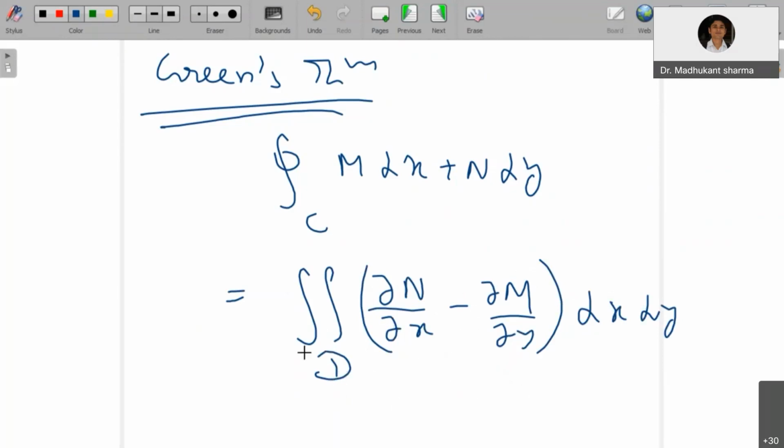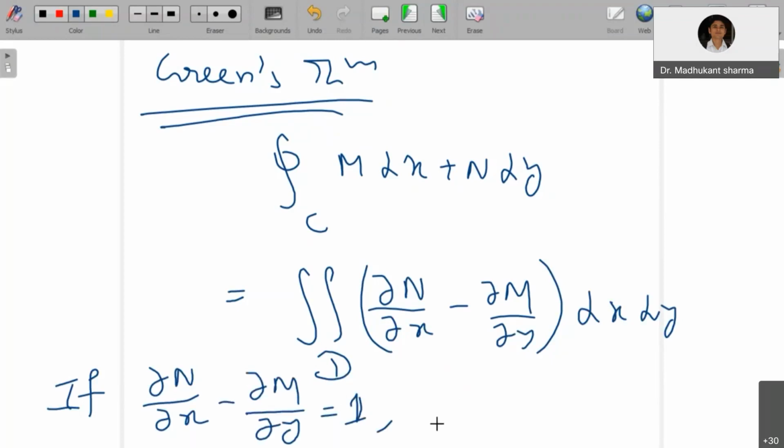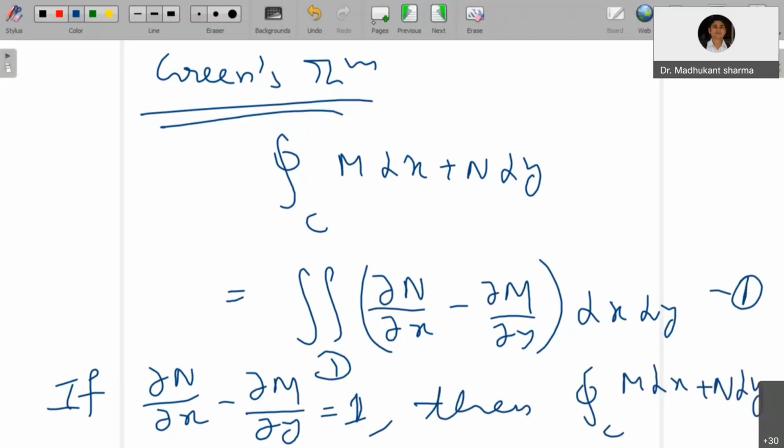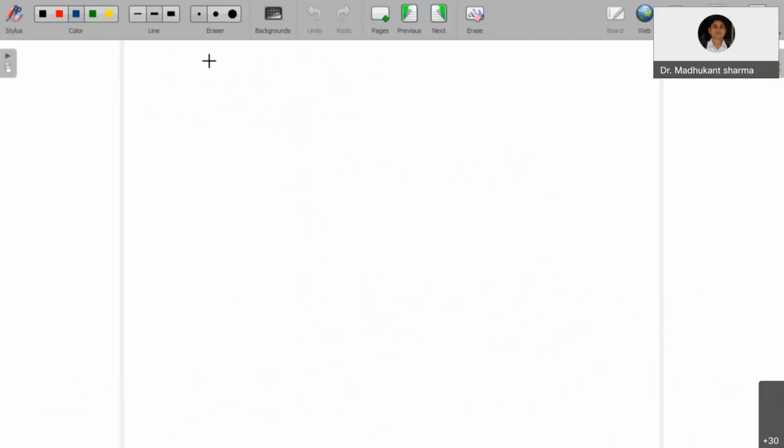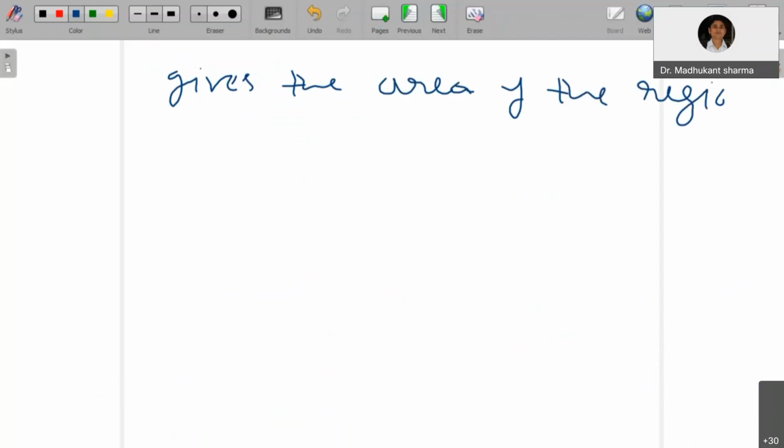The area of the region D. So if dou N by dou x minus dou M by dou y equals 1, then the integral over C of M dx plus N dy gives the area of the region enclosed by C.